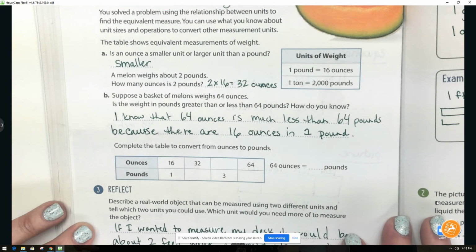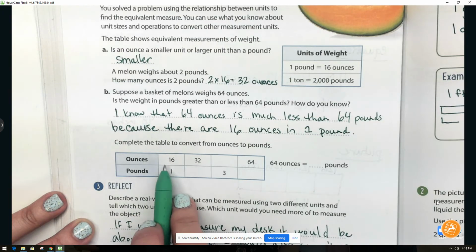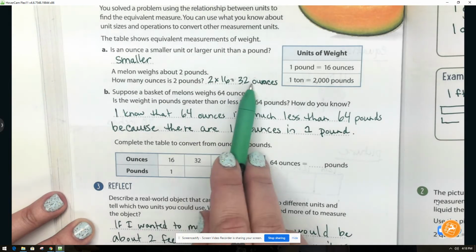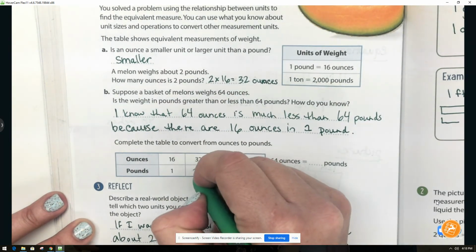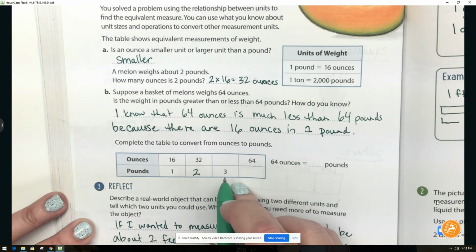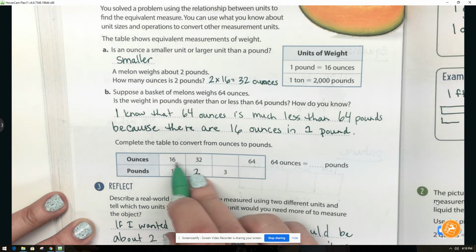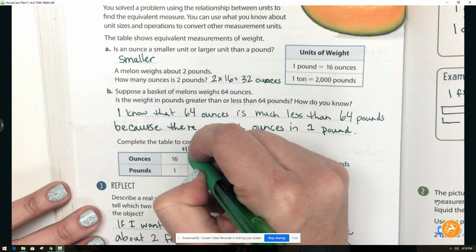So now we're going to go ahead and complete this table to convert all of these ounces to pounds. We know that 16 ounces is 1 pound. We know from the work we did up above that 32 ounces is the same as 2 pounds. 3 pounds must be, well, if we go from 16 to 32, each time we go up, we're adding 16.